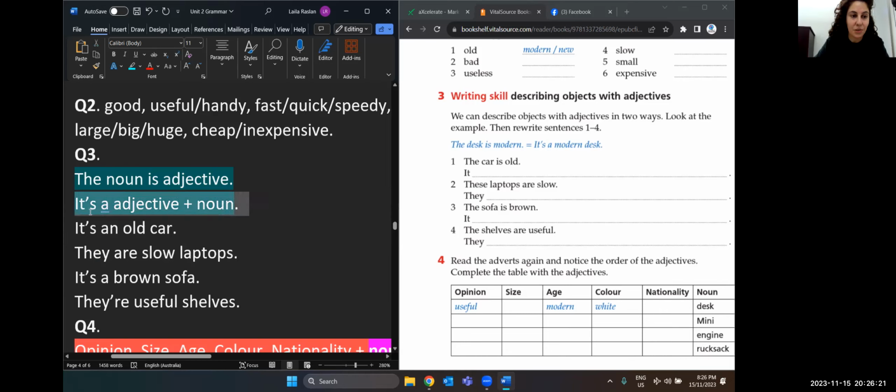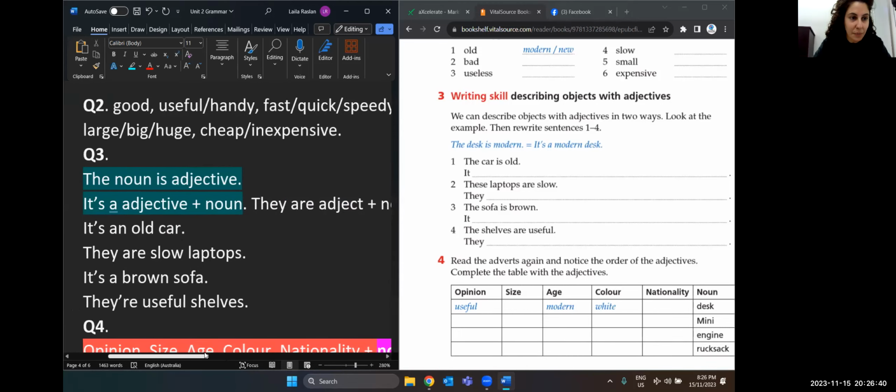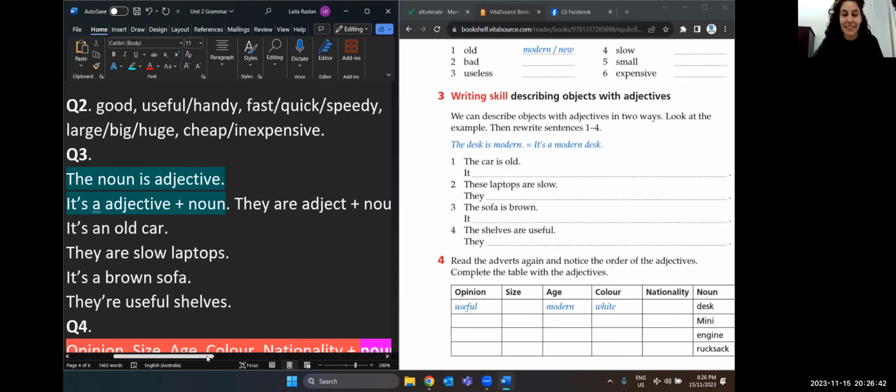So again, we put the adjective first and then the noun. We use the second rule. So it's is because it was singular, but the plural is they are, adjective, noun. So just be careful again. Always remember, are you speaking about a singular noun, one, or more than one? So we also have the plural.